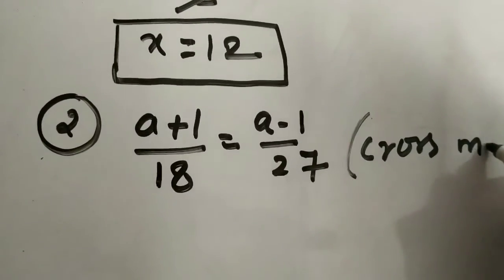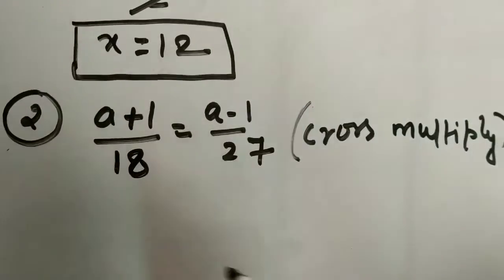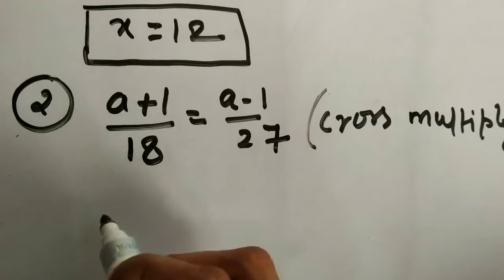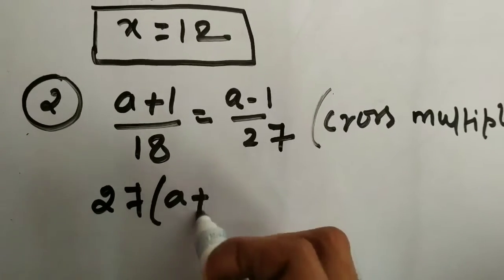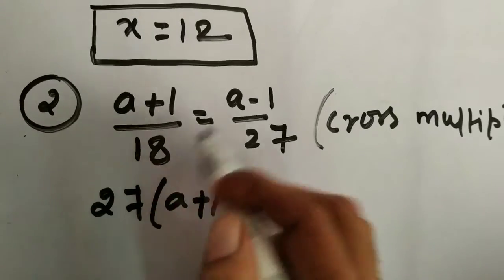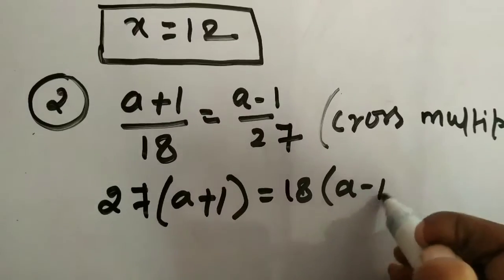What I will get, 27 will get multiplied by a plus 1 here, and 18 will get multiplied by a minus 1.